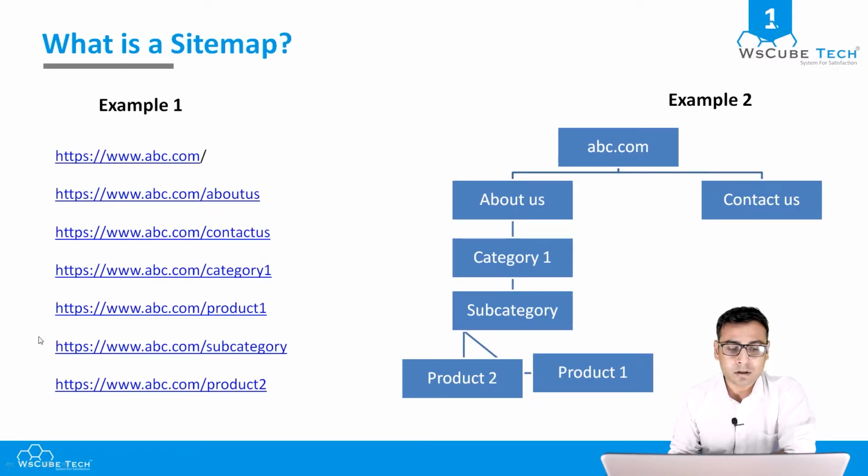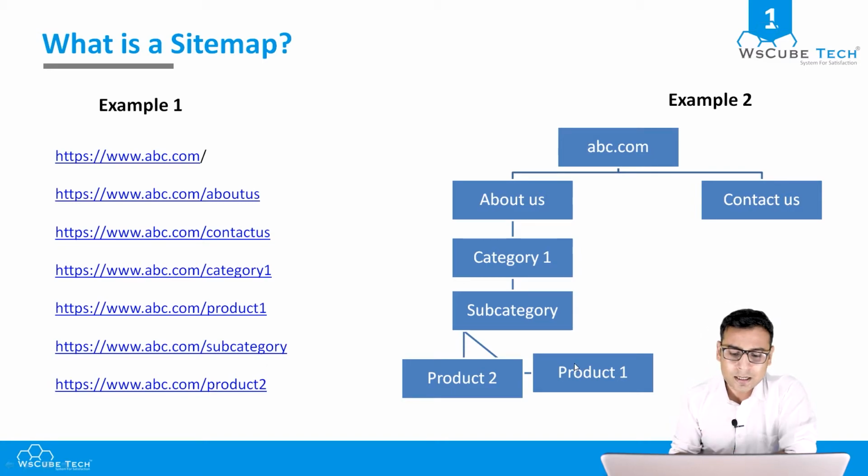So this is the raw website, we can say, without a sitemap. If your website is without a sitemap, the crawler comes to abc.com, then it can go to contact us, then it can go to subcategories. There is no proper sequence that the crawler will follow. But when we see example 2, it's clearly defined. You can see the structure is clearly defined: there is the home page, which is abc.com, then we have two pages, about us and contact us. In about us, we have another page which is category 1, then we have subcategory-related pages, then we have product pages.